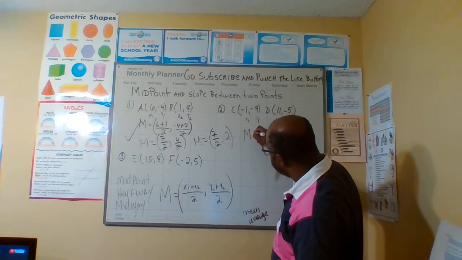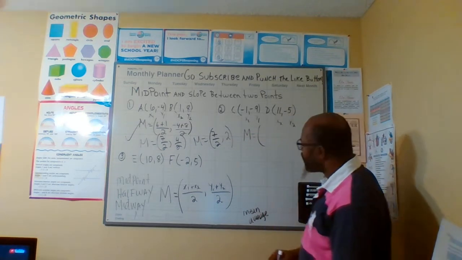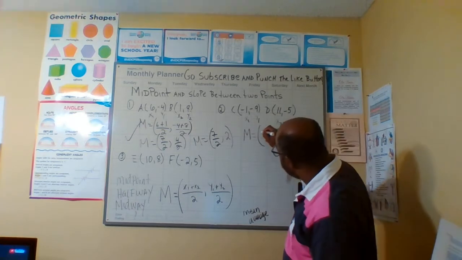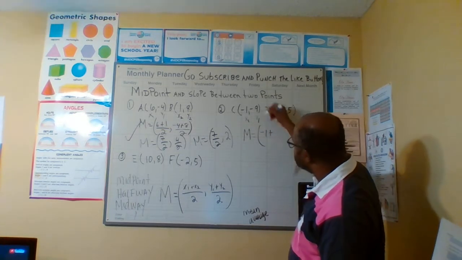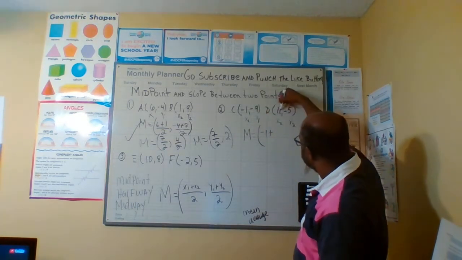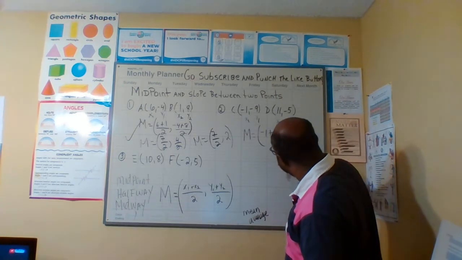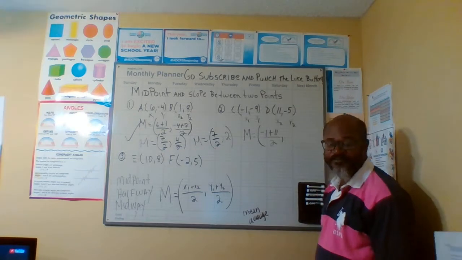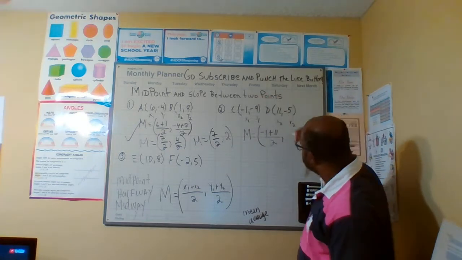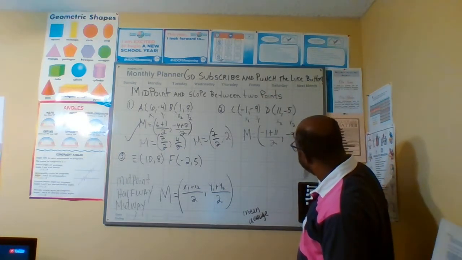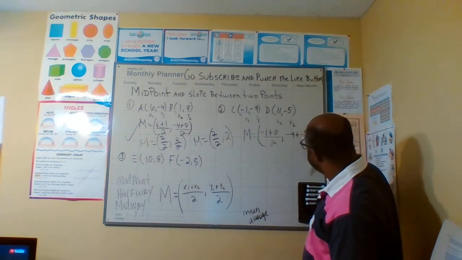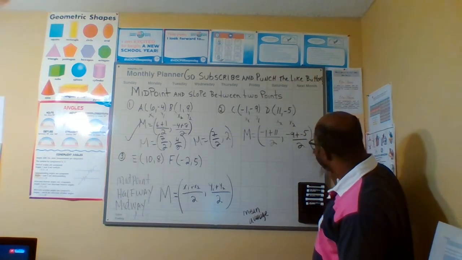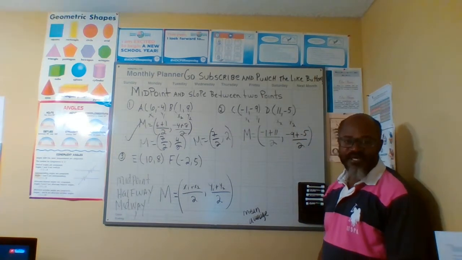Now M equals my x1, which is negative 1, plus 11, this is x2, divided by 2, comma, my y1, which is negative 9, plus negative 5, that's my y2, over 2. That's how you set it up.